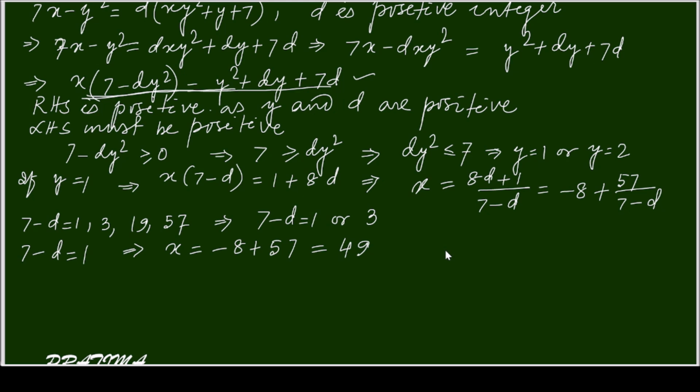So one solution we are getting: x and y equal 49 and 1, because y is 1.